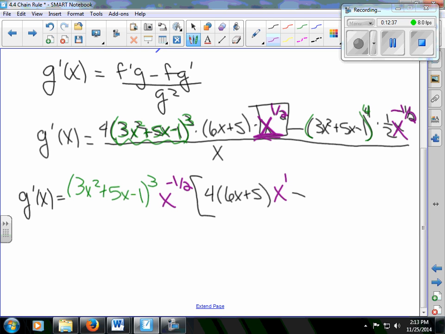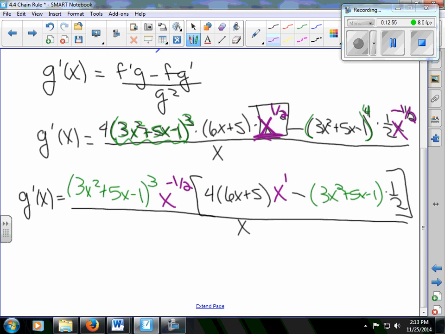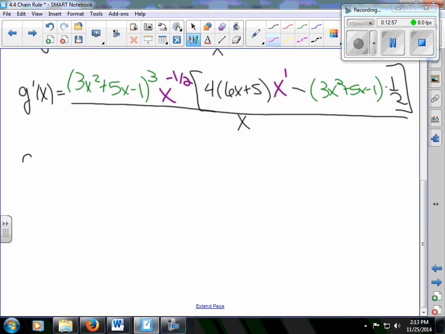In the green, this 3x squared plus 5x minus 1, I only took out 3 of those. So I still have 1 left. And then I still have that 1/2, and I took out the entire x to the negative 1/2. This is all over x, and then I'm going to do some algebra here and clean this up just a little bit more.